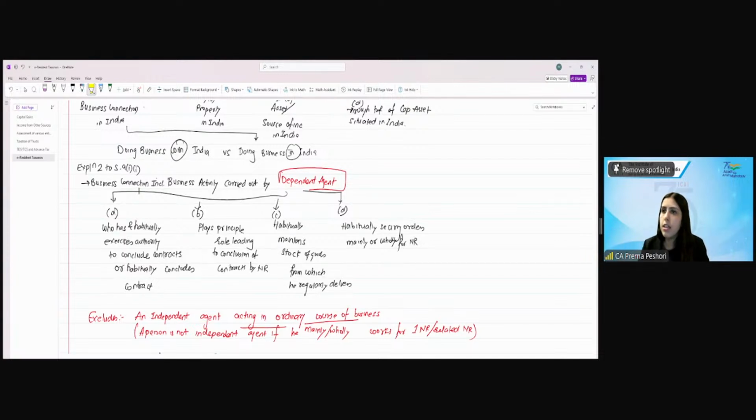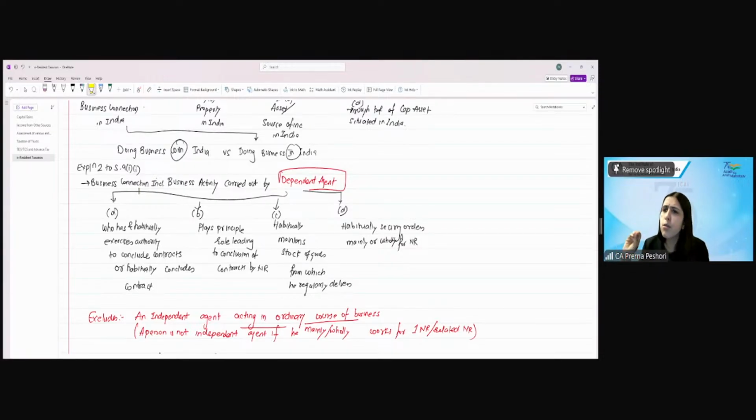Now it has hired me to do the business activities here in India. I am its agent. Now what I will do is I will identify the customers, discuss the products that the company is offering, and will sell those products.